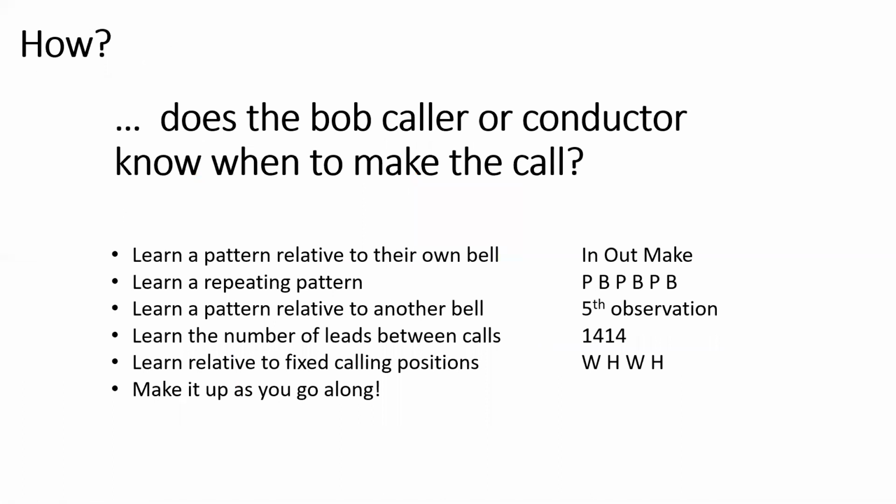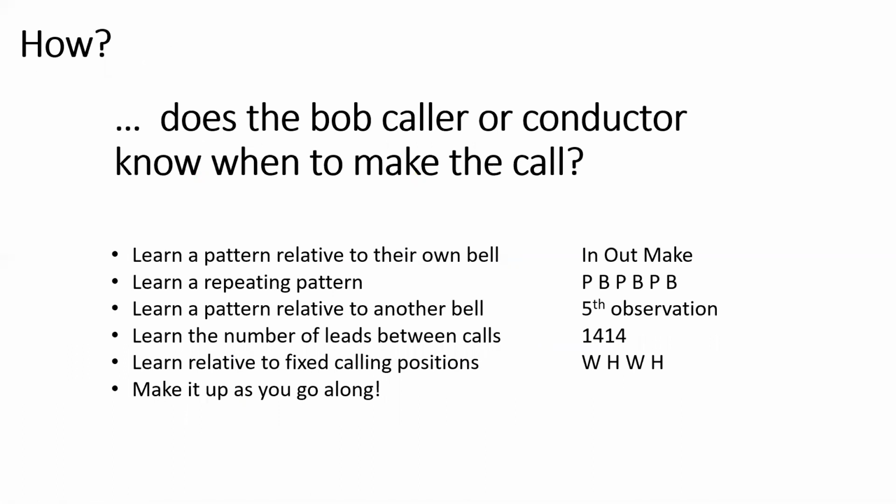And finally, how on earth does the bob caller or conductor know when to make the call? And there are essentially 6 ways of doing this. The first one is what you'll have done first if you've learnt to call plain Bob doubles. You learn a pattern relative to your own bell.